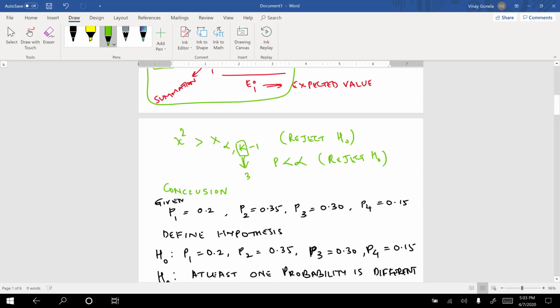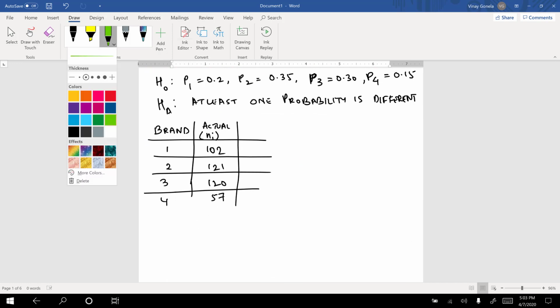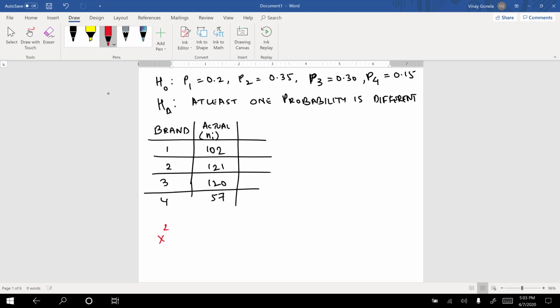Once this data is given, I am going to use the chi-square distribution formula, which is the summation over i of (ni minus ei) whole square divided by ei. That is how you are going to use this formula.